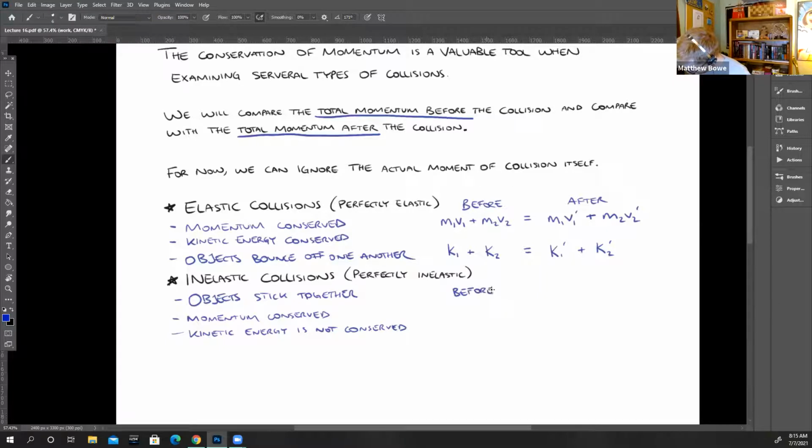Before, these two objects are separate. They have their own independent motion, velocity, wherever they're going. But after a collision, they are sticking together.